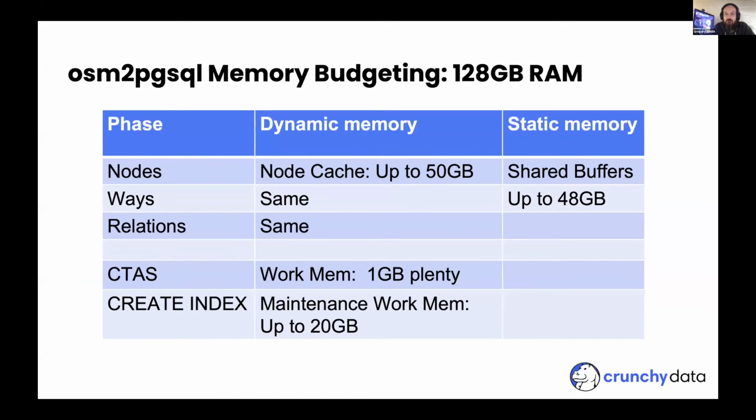The node cache rolled off for me above 50 gigabytes. I stopped seeing increases for it. And one of the nice things about this data set is that you can move the node cache to maintenance work memory in the database. Once the first 3 stages have finished, node cache goes away, so you can reuse that memory for that.